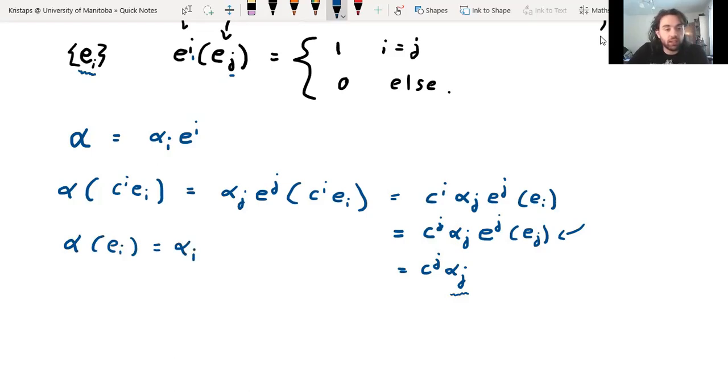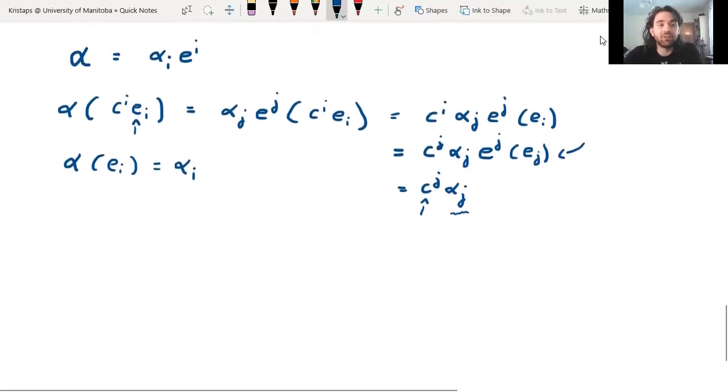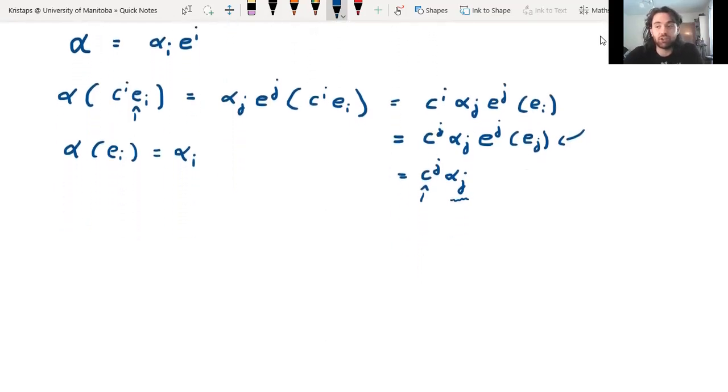So alpha at E i is alpha sub i, because in this case, each of these C coefficients is equal to 1, and there's only one case when it's non-zero, if we're taking this to be the single vector E i. I realize that might be a little confusing if you're not used to this sort of tensor notation. If I lost you there for a second, don't worry about it. That's just a little bit of motivation for us to define.